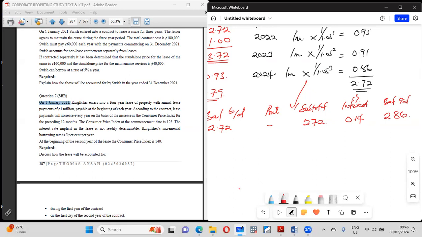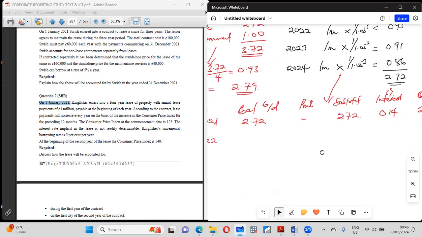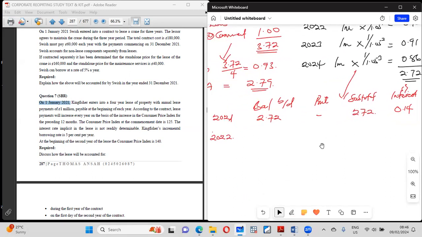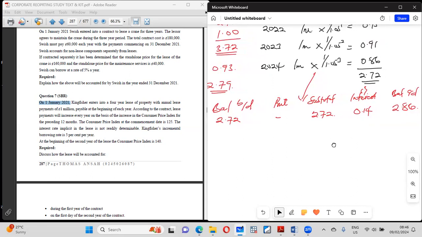Now, normally when you stand in this time, you must do 2022. Now, that is where the issue comes, because at 2022, the liability is not the same as your balance carried down, even at the beginning of it. Because right at the beginning of it, you realize that the price index has increased. So we need to go in there and change the price index.